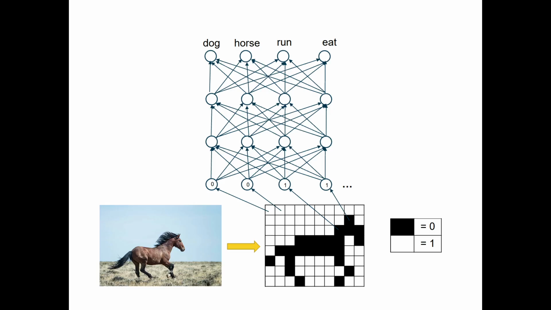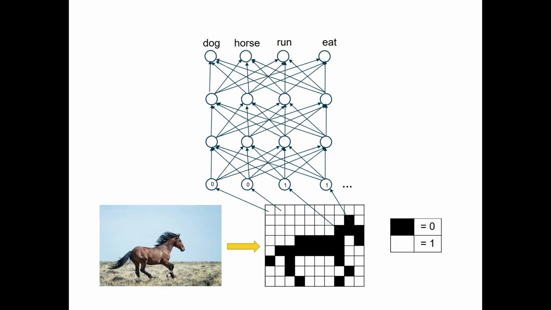So the first step is going to be to transform our image. As you can see, it's actually made of pixels. To simplify things, we will consider that these pixels can be either white or black. So black is 0 and white is 1. Obviously, in reality, images have many more pixels than that, and they also have different values, not just 0 or 1, and several colors. So it's an oversimplification in order to understand better. So we are going to match each of the neurons in our first layer to a pixel in our image.